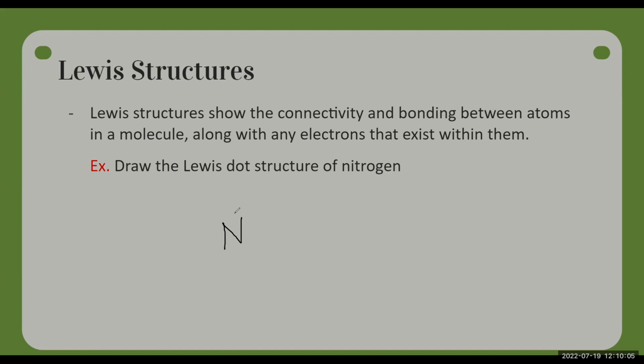Nitrogen is under group 5A, so we do 1, 2, 3, 4, and then 5. Just remember that you never want to draw your Lewis structure by pairing electrons early, like this. This is not the correct way to draw it.